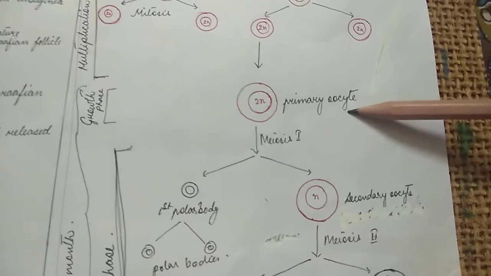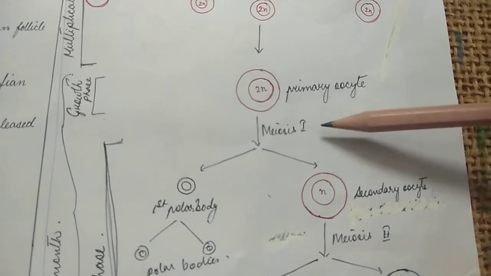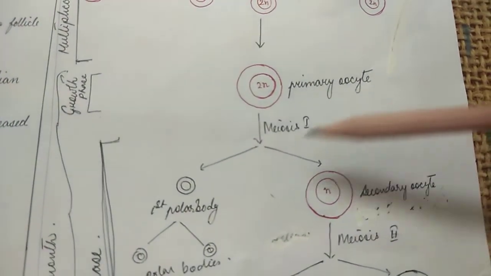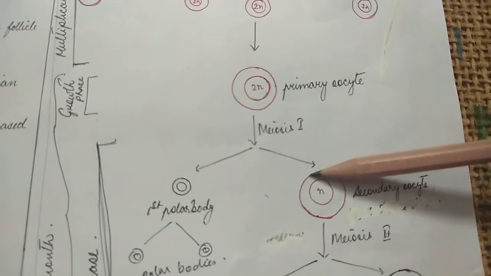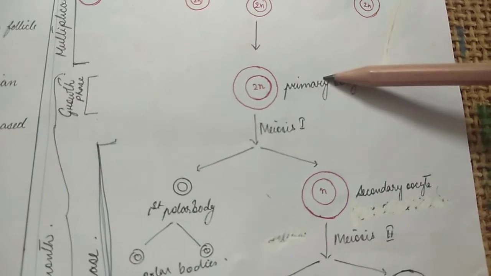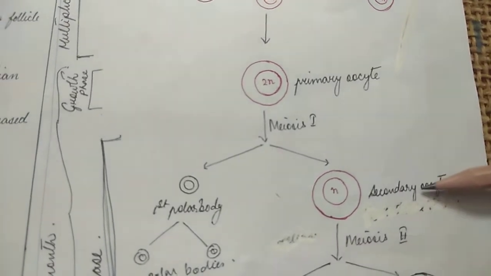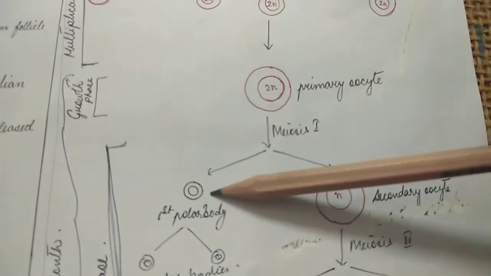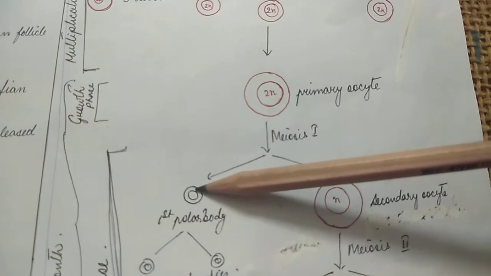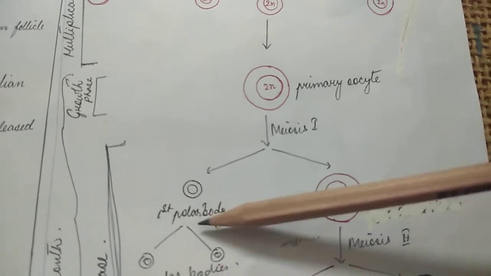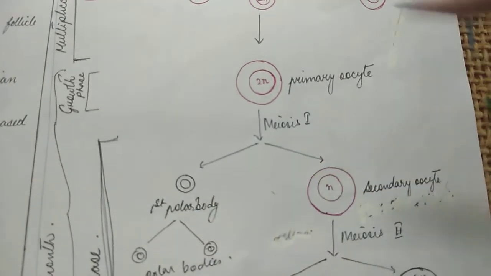Then, the primary oocyte undergoes first meiotic division to form two unequal cells. One cell is almost the same size as the primary oocyte and is known as secondary oocyte. The other cell is very small, having very little cytoplasm, and is known as polar body.